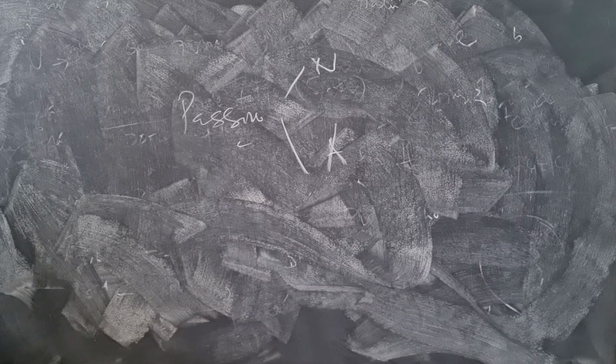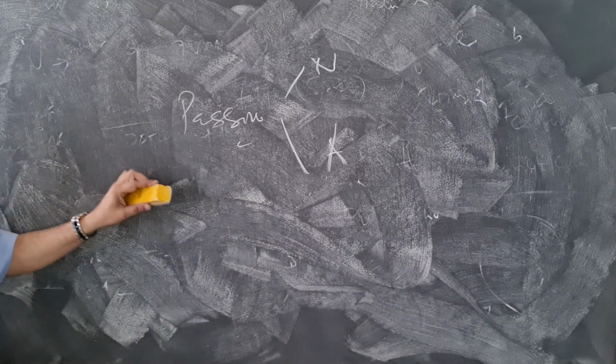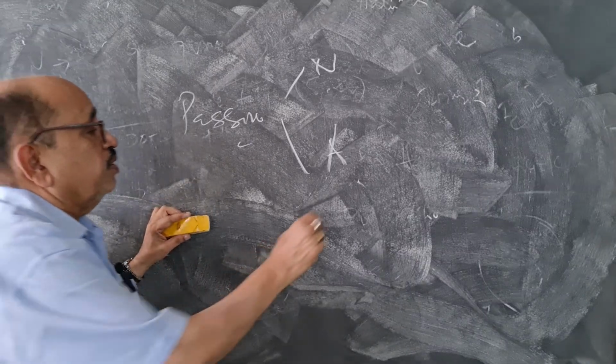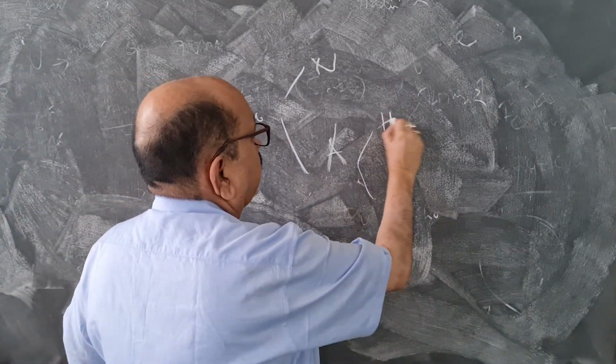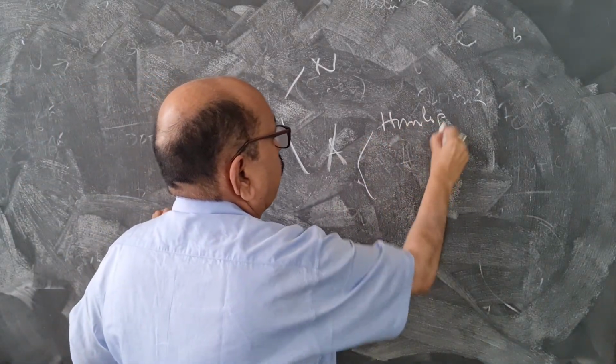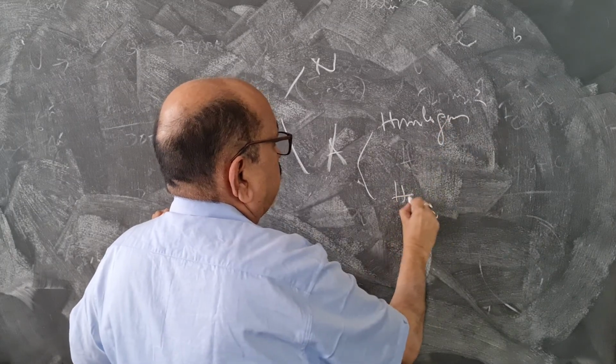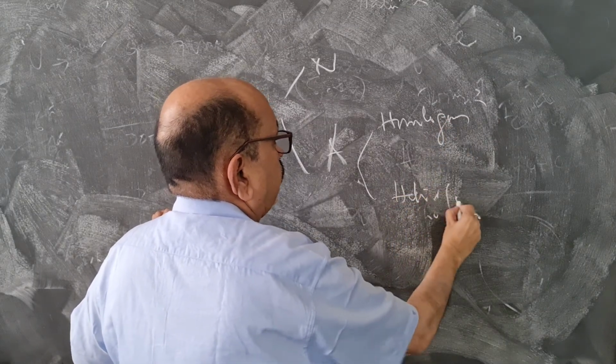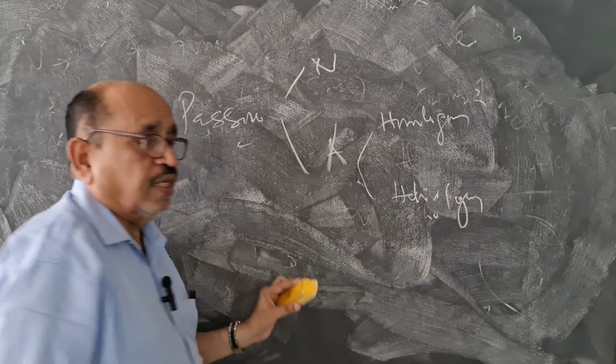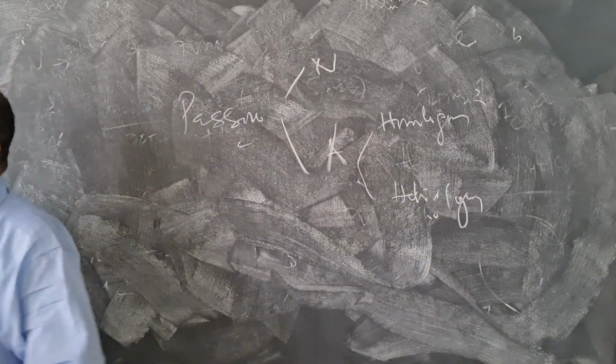So passive immunity can be artificial, with homologous serum or heterologous serum. I said anti-diphtheric serum, anti-tetanus serum, and anti-rabies serum.